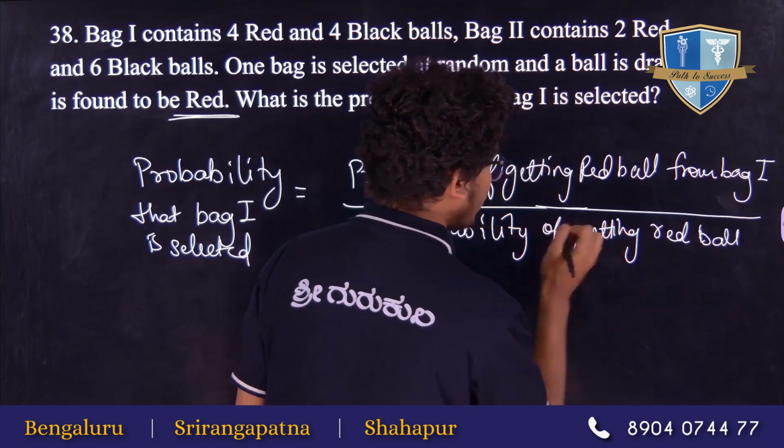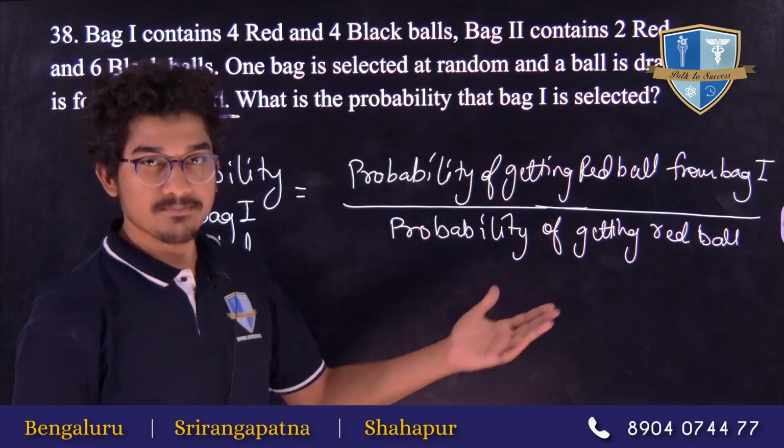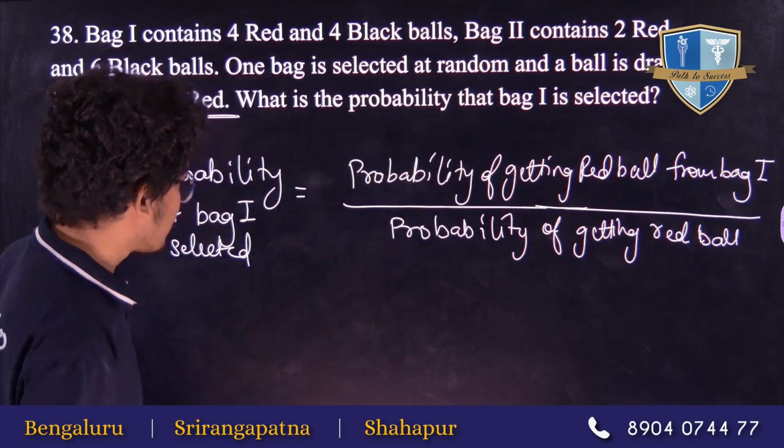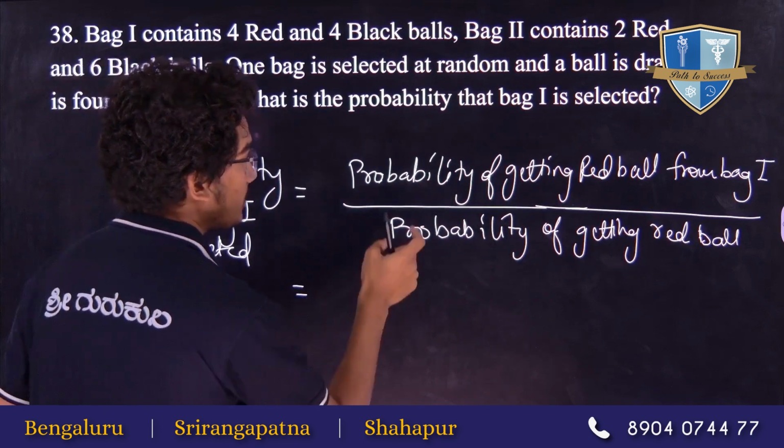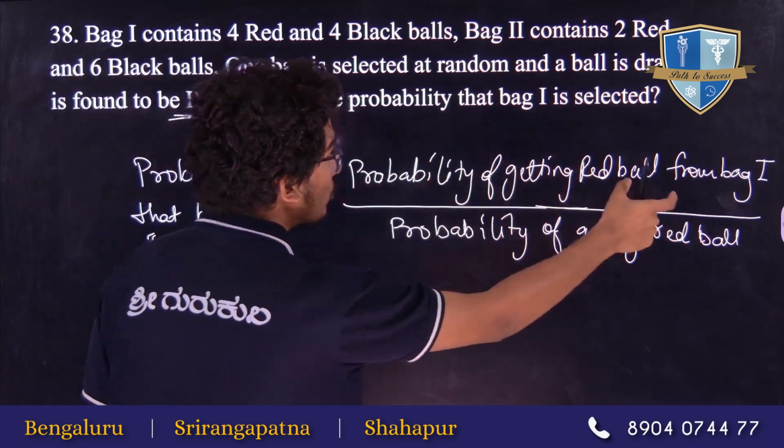In this case, it doesn't depend upon which bag it is coming from, right? So this will be our answer. So the probability that the red ball is coming out of the first bag.